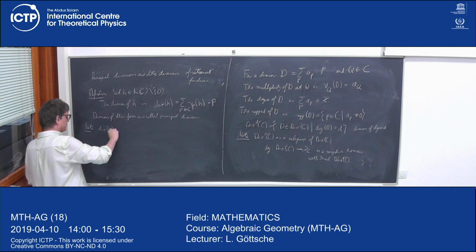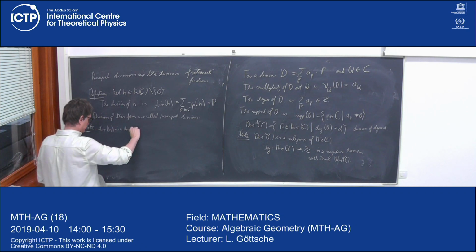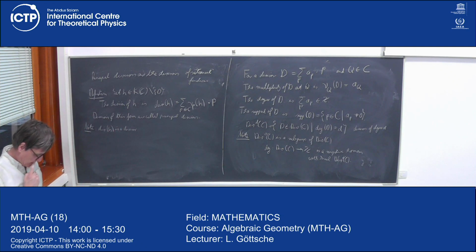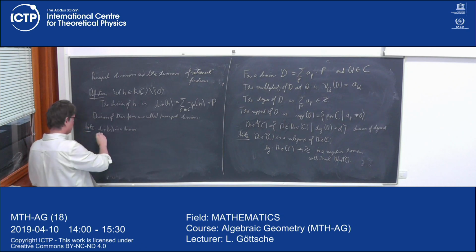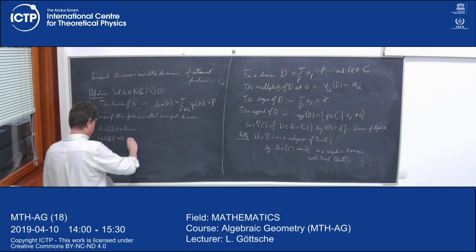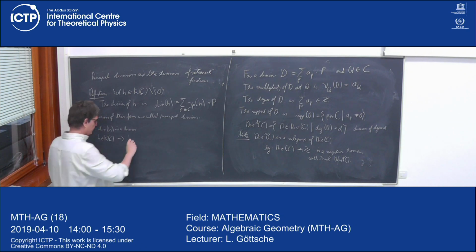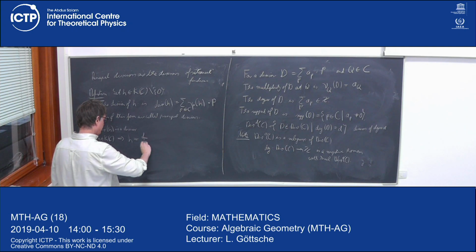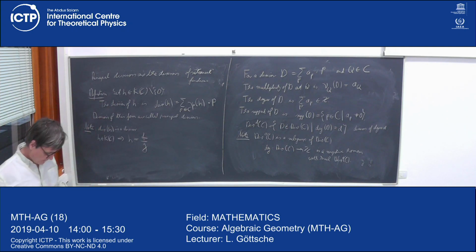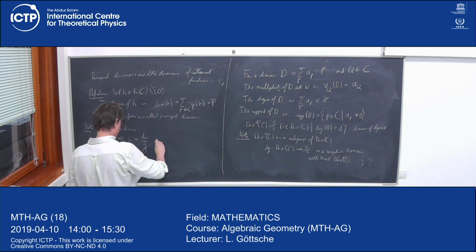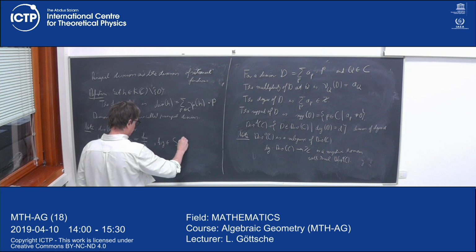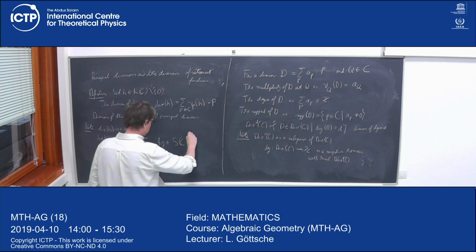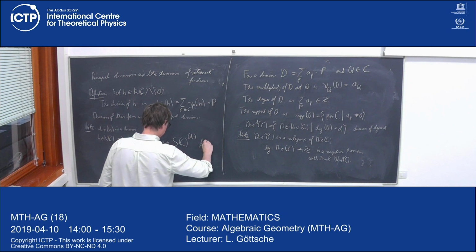H is a divisor, because H lies in K(C), so we can write H equal to F divided by G, where both F and G are elements in the homogeneous coordinate ring of degree d for some d.